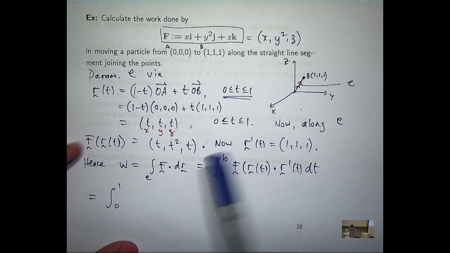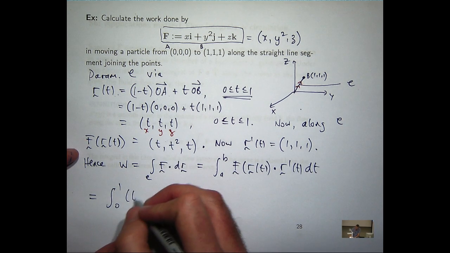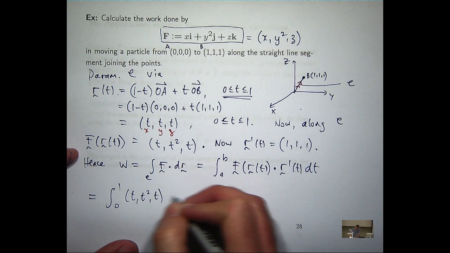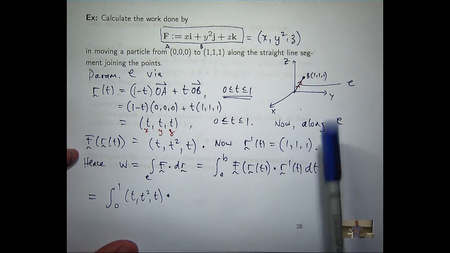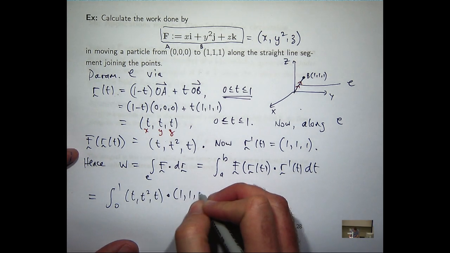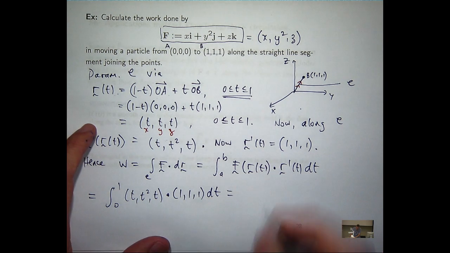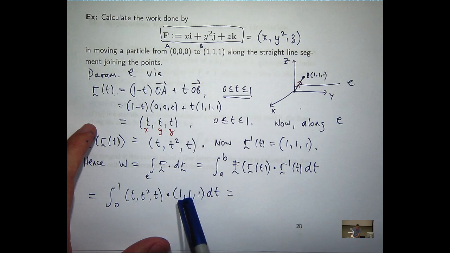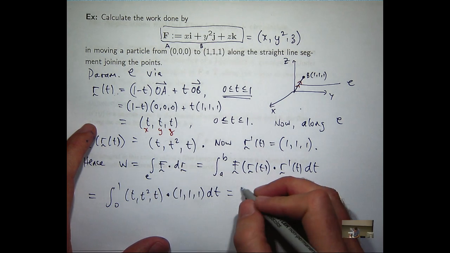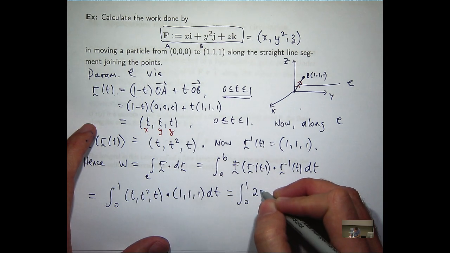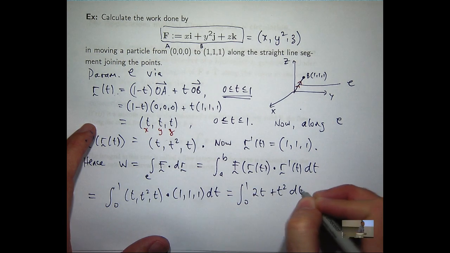Okay, so that is F, and r dash is that. So when I take the dot product, I'll get a function of t and a reasonably simple integral, hopefully. So when I take the dot product, I'm going to get t times 1 plus t squared times 1 plus t times 1. So it's going to give me 2t plus t squared dt.